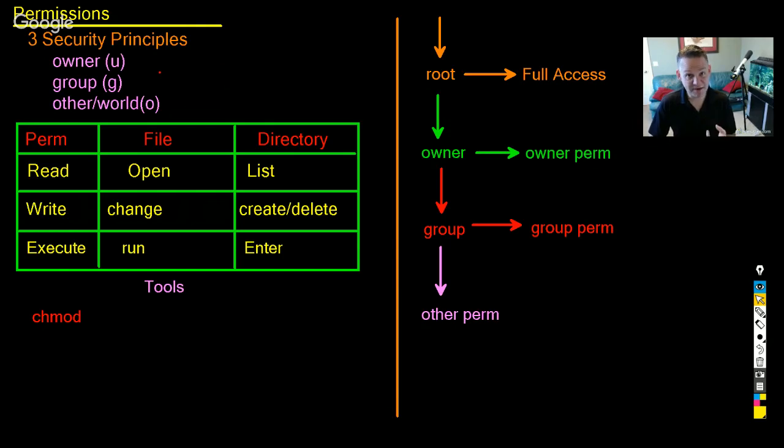it's a 3-bit field, so for the owner, the read permission would be the 4-bit, the write permission is the 2-bit, and the execute permission is the 1-bit. From a character standpoint, u, g, and o represent user, group, other, and then the read permission would be r, write is w, and the execute permission is x.